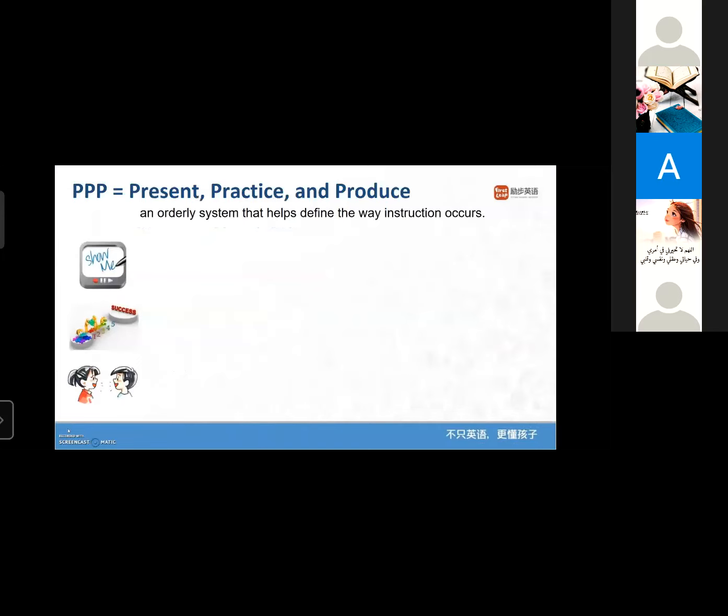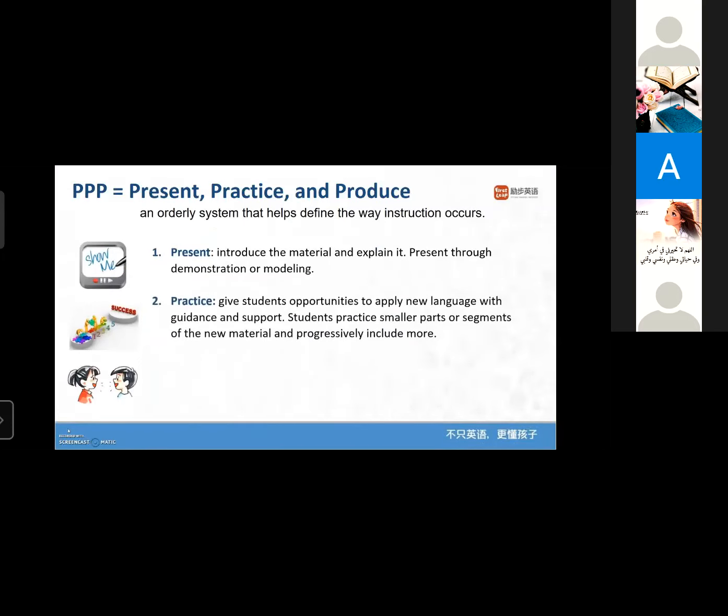But first, let's look at PPP. One way to understand the value of PPP, Present, Practice, and Produce, is to see it as a way of ordering instruction. First, the teacher presents vocabulary, sentence structures, or information about topics. Next, the students are given opportunities to engage in guided practice. And third, students engage in activities that allow them to use and produce language and new knowledge.